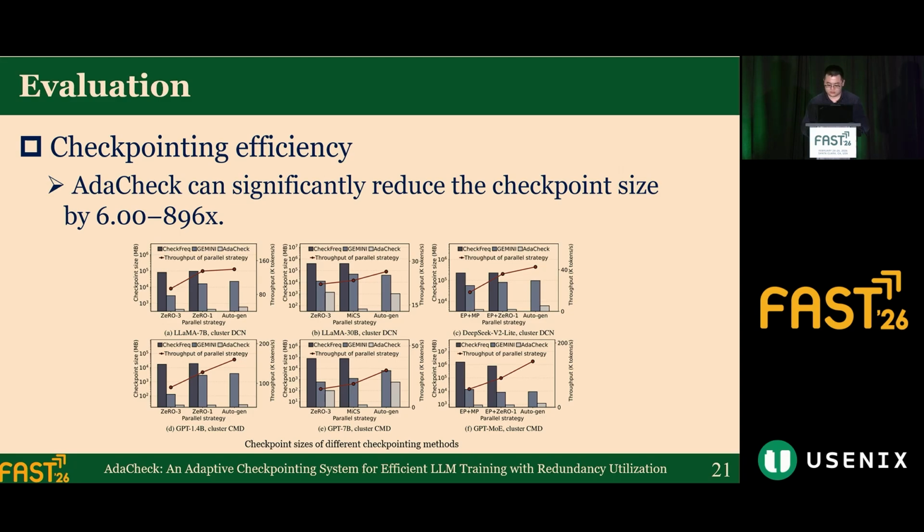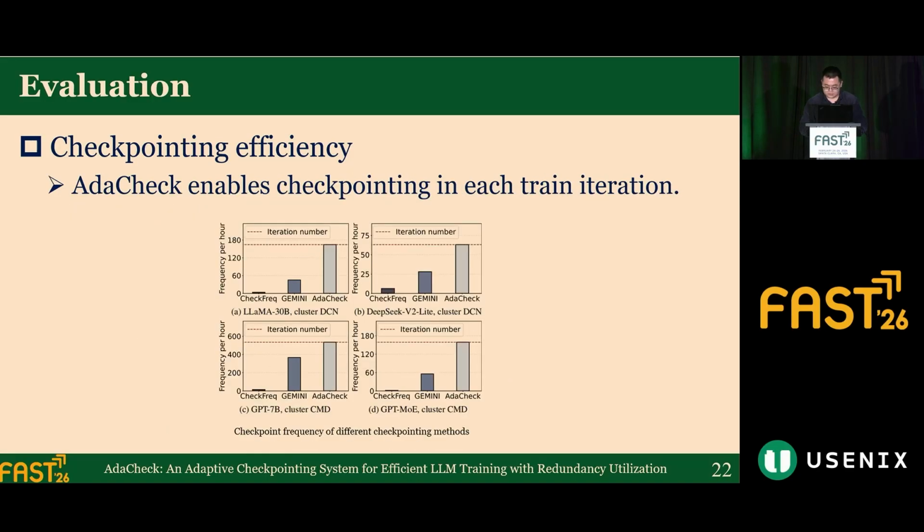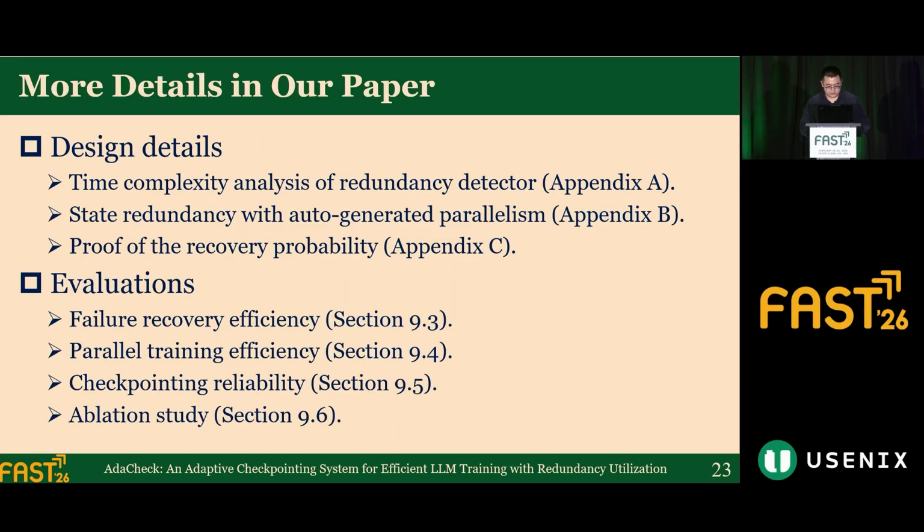Experimental results show that compared to other methods, AdaCheck reduces checkpoint size by 600 to 896 times, and AdaCheck enables 1S1C checkpointing frequency, significantly improving the performance of checkpointing systems. For more details, including time complexity, analysis of the redundancy detector, state redundancy with auto-generated parallelism, and proof of the recovery probability, please refer to the paper.